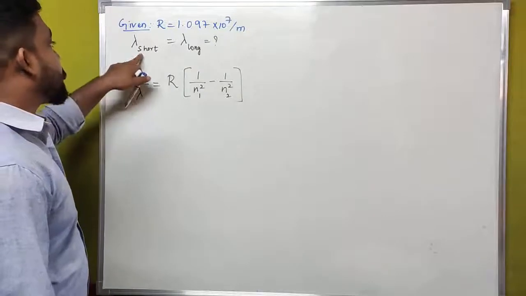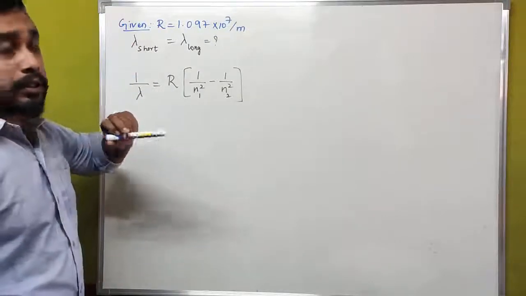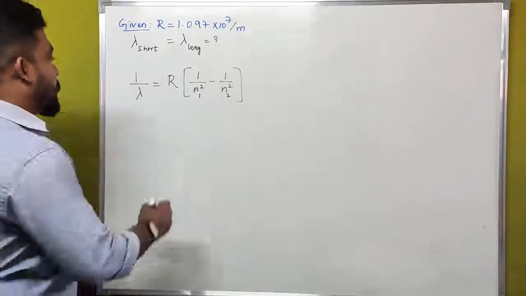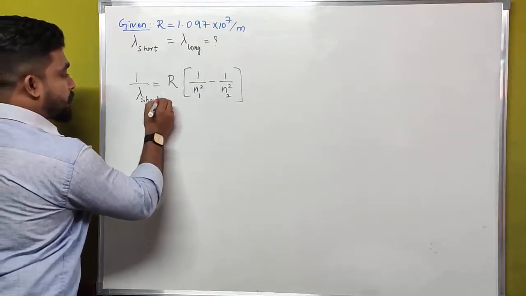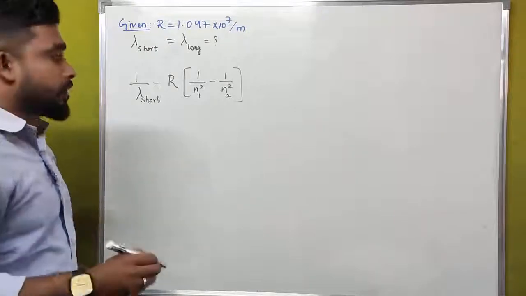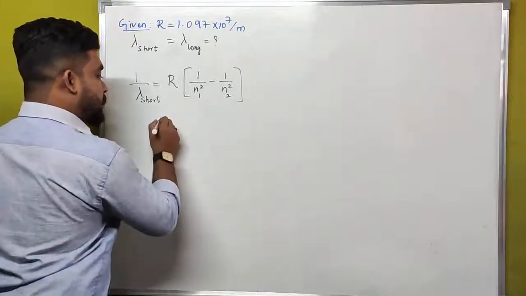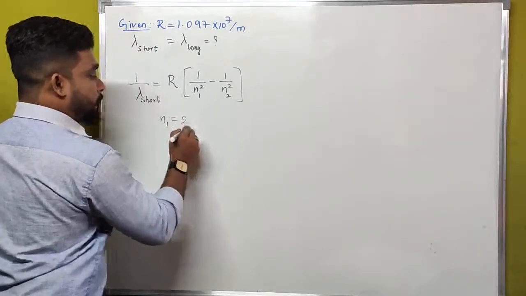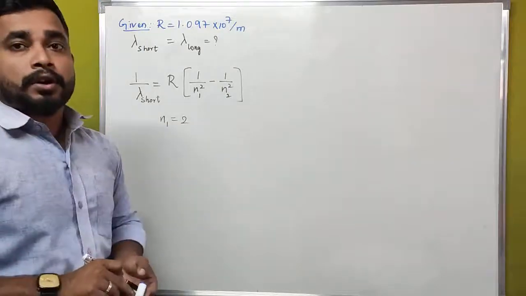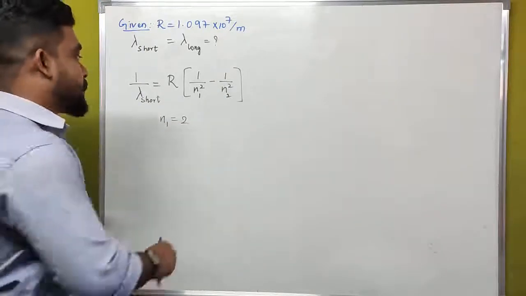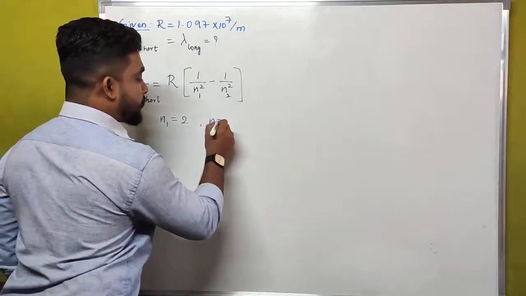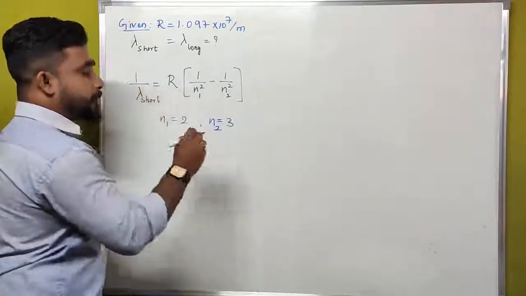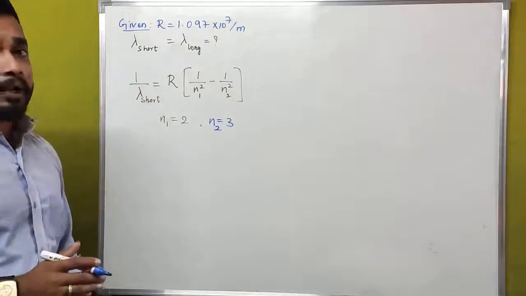But in case of a short wavelength, what we have to do? For the case of a short wavelength, N1 is equal to 2, because the lowest orbit of a Balmer series is N1 is equal to 2, and N2 is equal to 3, because this is the shortest order of a Balmer series.